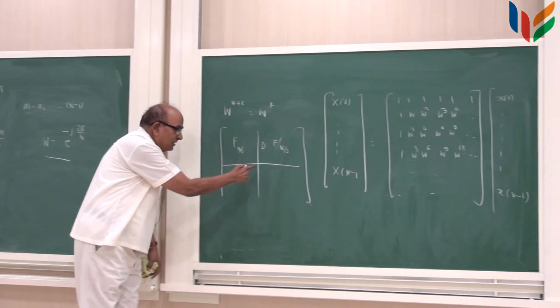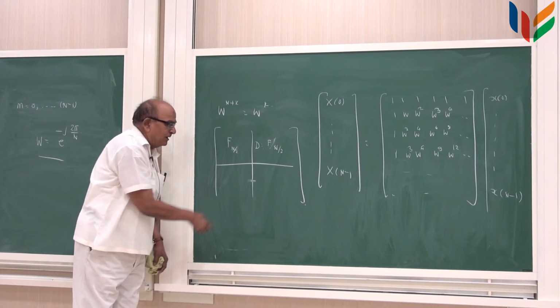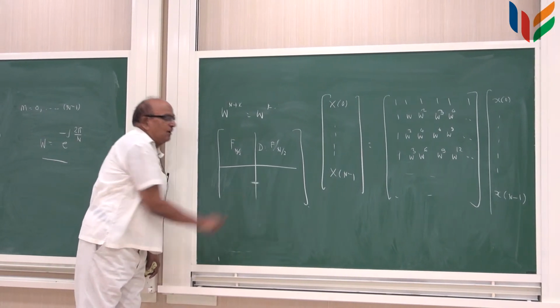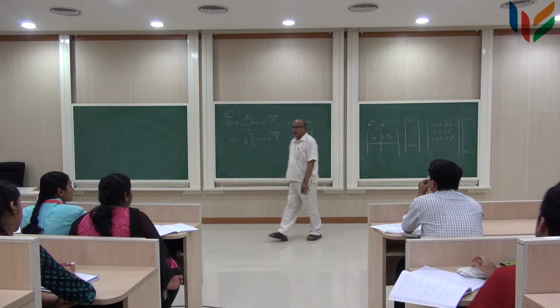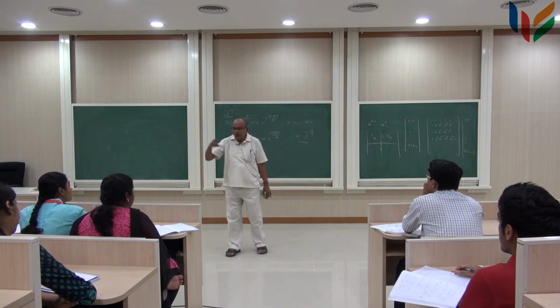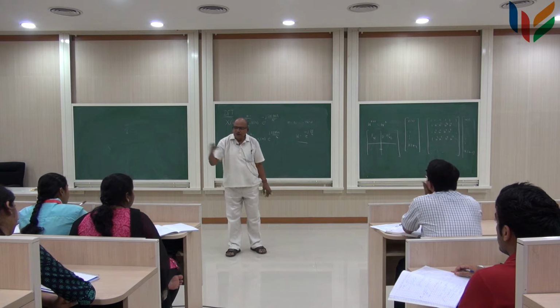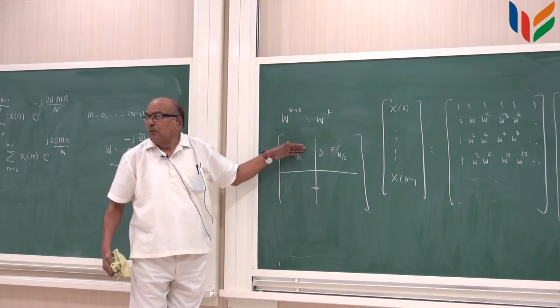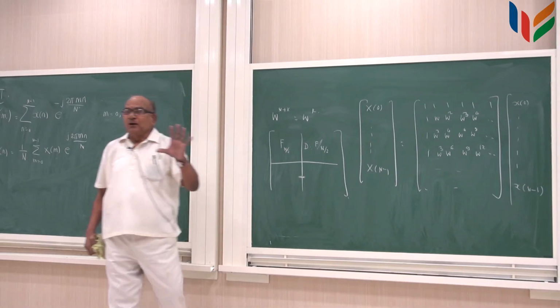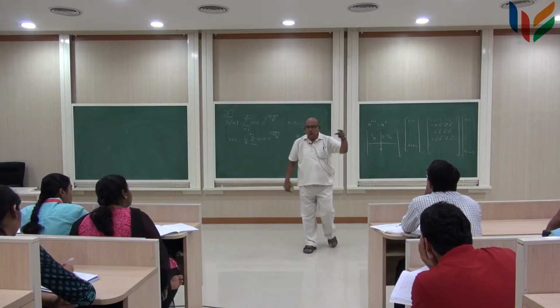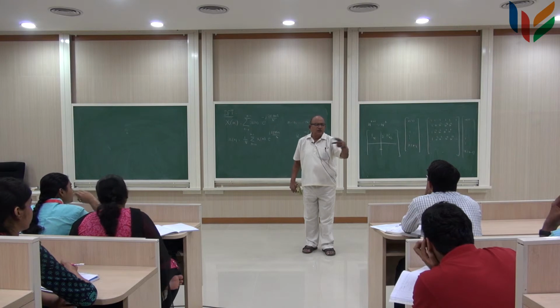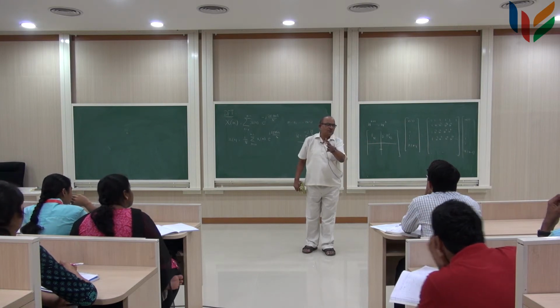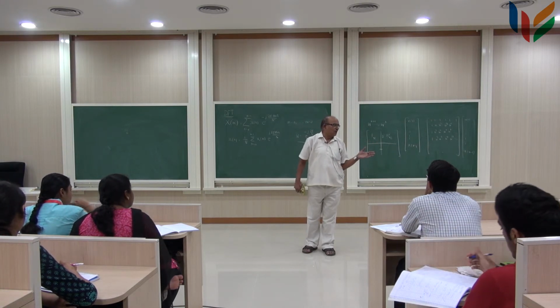And similarly this, except here you get a minus sign. That means an N by N matrix is broken down into N by 2 matrices, and each N by 2 matrix again can be broken down in a similar manner into N by 4 matrices. So, finally, you end up with only 2 elements at a time, and I gave you the butterfly diagram for the fast Fourier transform, right.